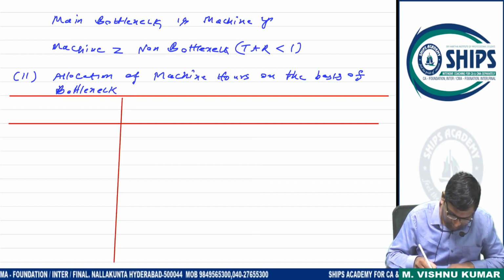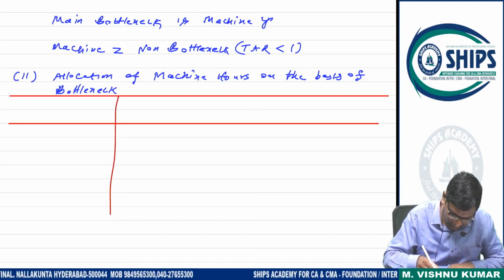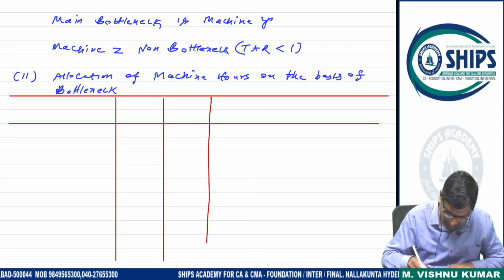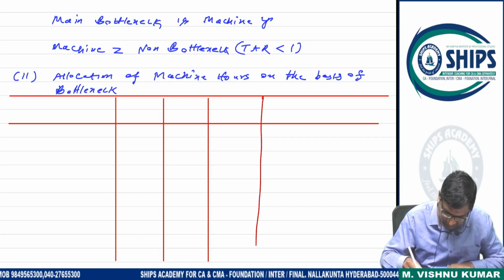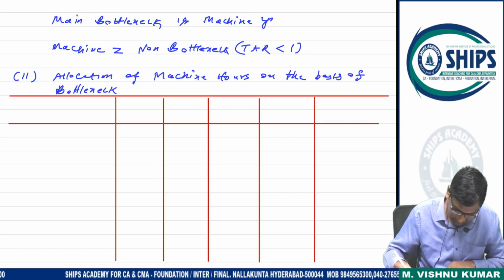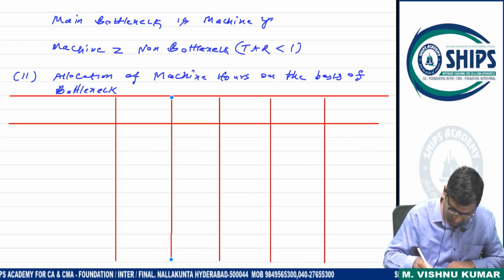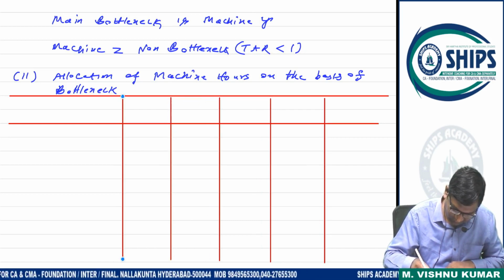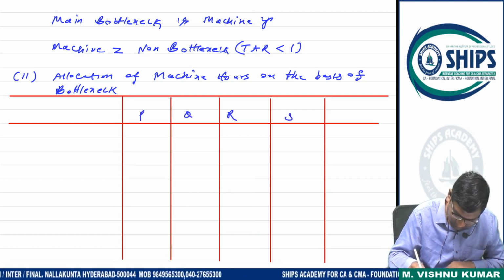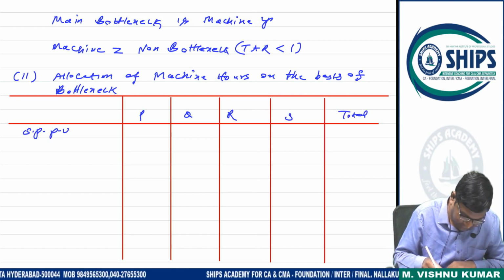First I am calculating the throughput contribution here, selling price per unit.